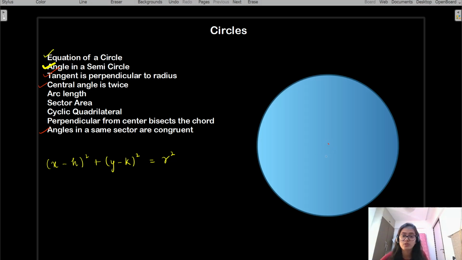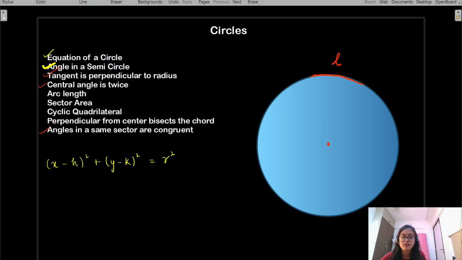Arc length. So if I randomly take an arc, I'm taking this arc and I am interested in finding out the length of this arc. Let's say that it's L. To find this length, we need two things.